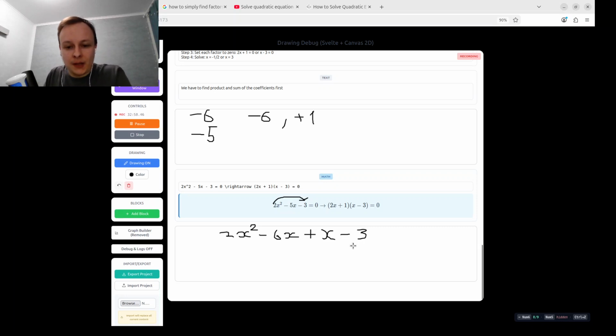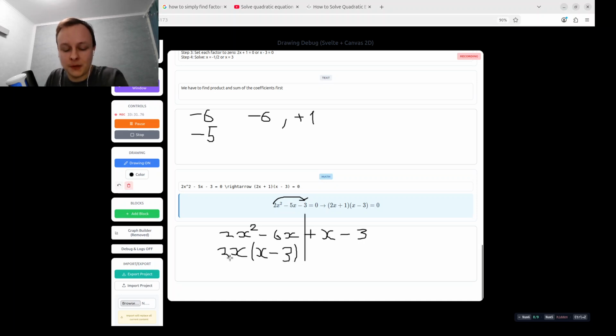And now we can find common factors. We have to split this into two parts, and we find a common factor for these two terms. This will be 2x, and 2x is a common factor for x minus 3.